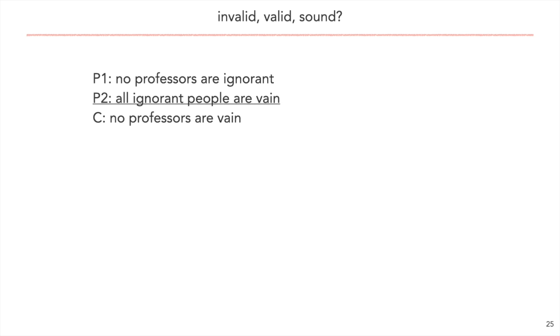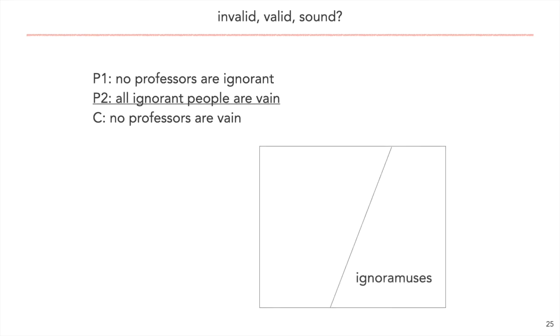It's helpful with arguments of this sort to draw a little diagram. So here are the ignoramuses on the right and the non-ignoramuses on the left. So the first premise tells us that the professors should go there. That's where the profs are. No professors are ignorant.